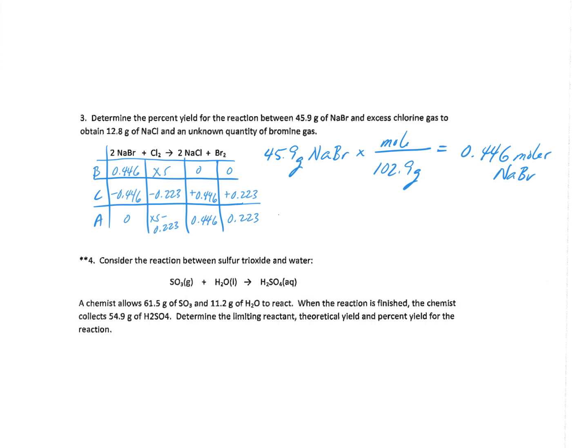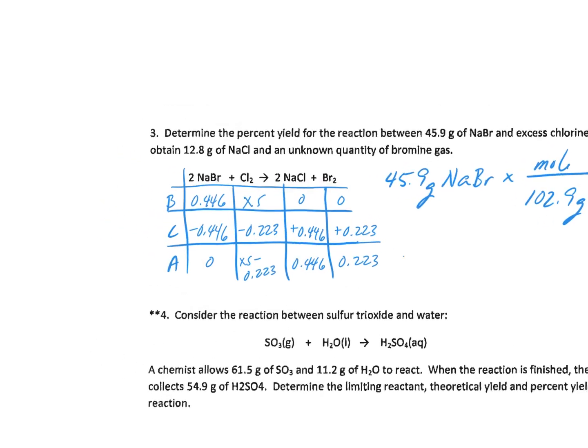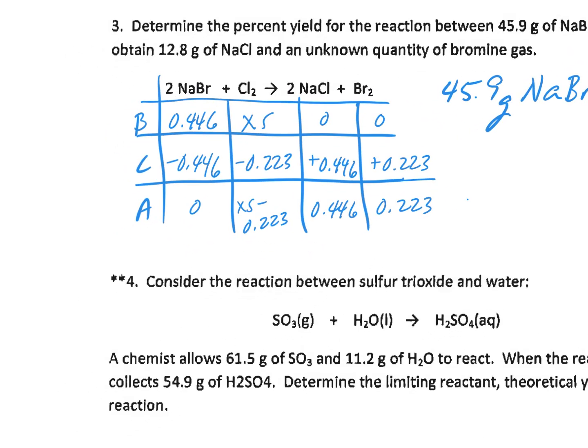Okay, so I found out using these calculations that 45.9 grams of sodium bromide is 0.446 moles of sodium bromide. So going to the BCA table, we know that we're going to use up all of the sodium bromide because we have excess chlorine.